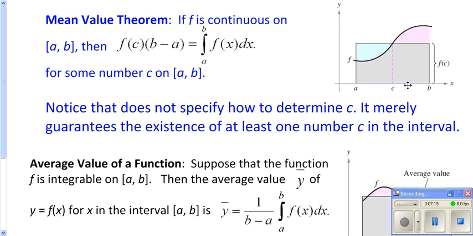So we have a rectangle of the same width, but now we've got to figure out what that height is, and we're calling that f of c. So that height, which is really your average height, which we're talking about down here, is just saying that the average height will intersect your graph somewhere in between A and B. That's what the mean value theorem is saying.